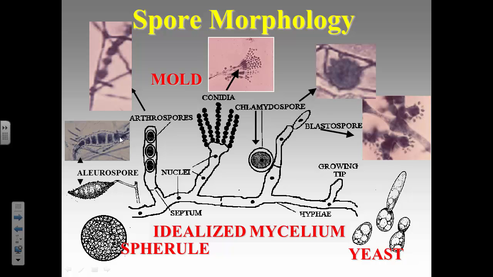Okay, many times we call all of these kinds of spores conidia. It's a general term for asexual spores, but specifically these are called macroconidia, and they're called aleurospores because to the person who described them, they look like the aleuron on a wheat plant. So these are called aleurospores. We'll see those when we talk about skin fungi.